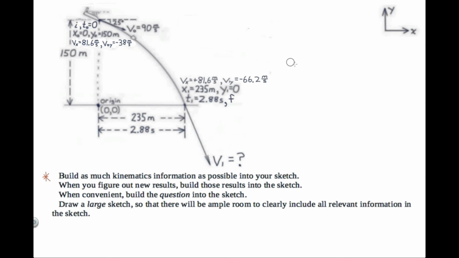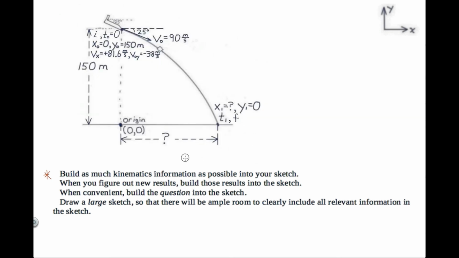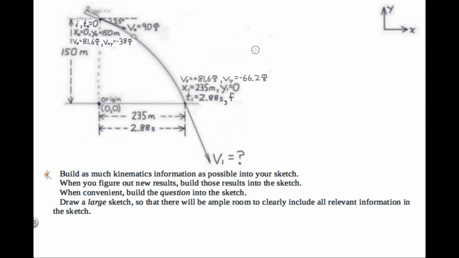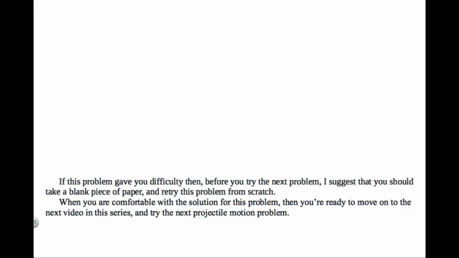When convenient, build the question into the sketch, like this or like this. Draw a large sketch so that you'll have ample room to clearly include all the information you need in your sketch.